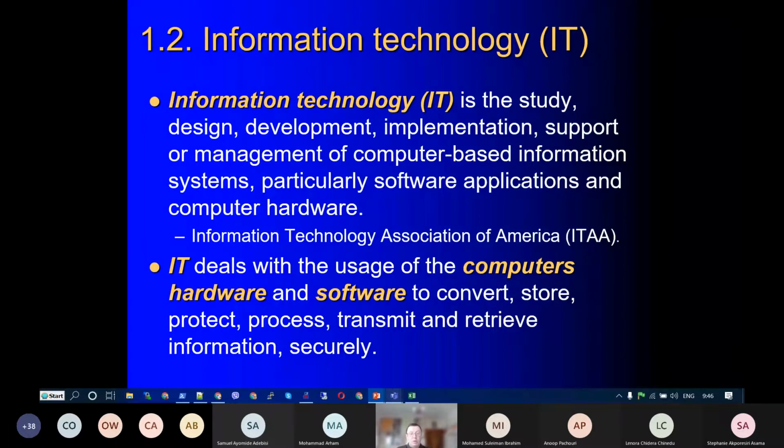Now, a few words about information technology as a scientific area. It is the study, design, development, implementation, support, and management of computer-based information systems, particular software applications, and computer hardware. It deals with the usage of computer hardware and software to convert, store, protect, process, transmit, and retrieve information in a secure way.